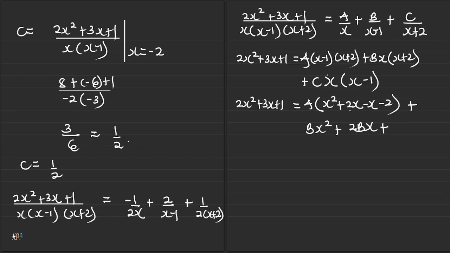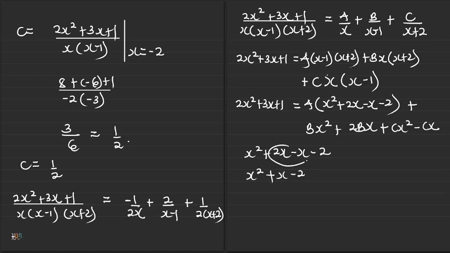And then plus for the c, cx multiplies x to give us cx squared, and then cx multiplies negative 1 to give us negative cx. We now need to simplify further that of a. For a, in the bracket there, we have x squared plus 2x minus x minus 2. So we can quickly rewrite it as x squared plus x minus 2.